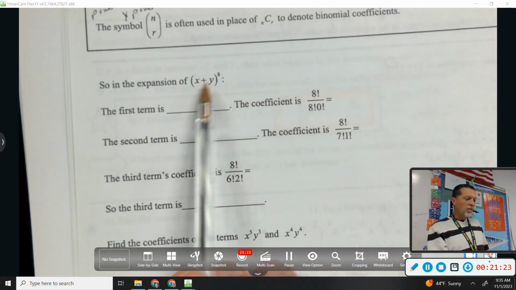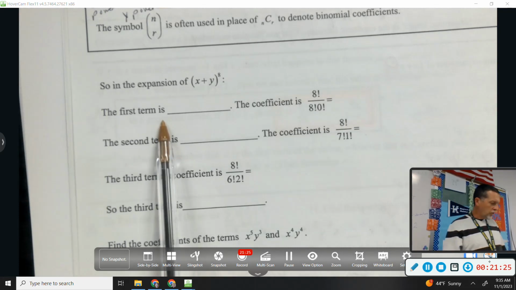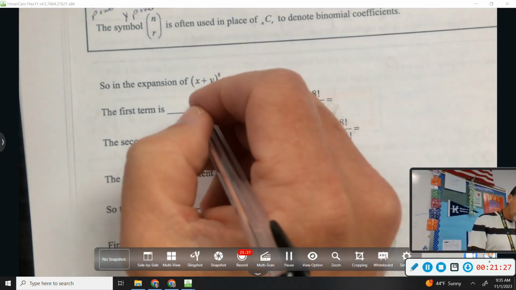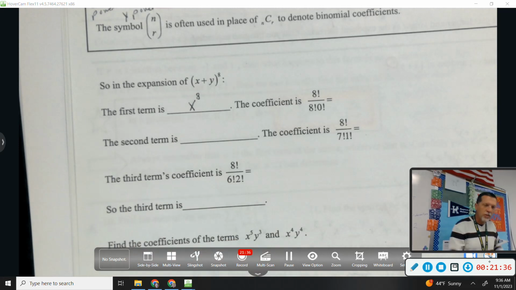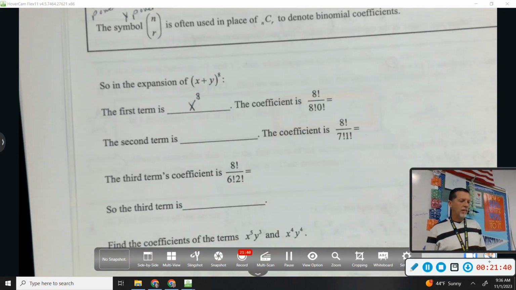So in the expansion of x plus y to the 8th, the first term is x to the 8th. We know that already. And we even know the coefficient of that term, right? If you did x plus y 8 times, if you multiplied all the x's, you'd have 1x to the 8th.